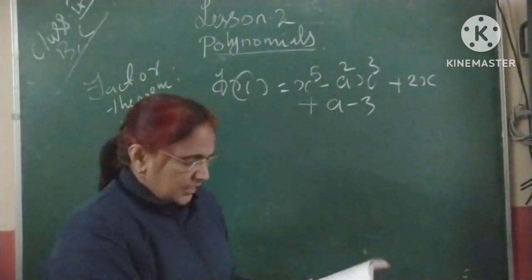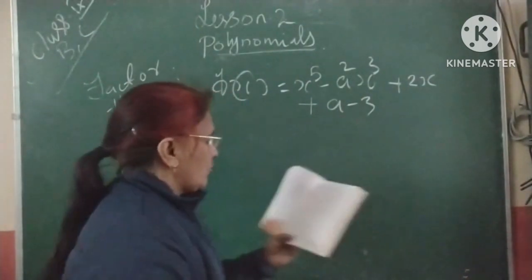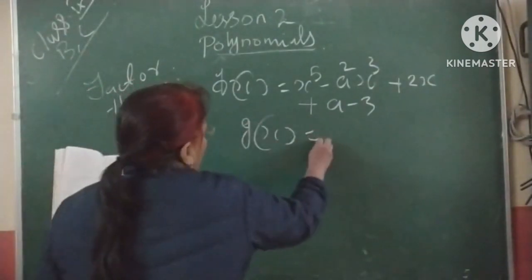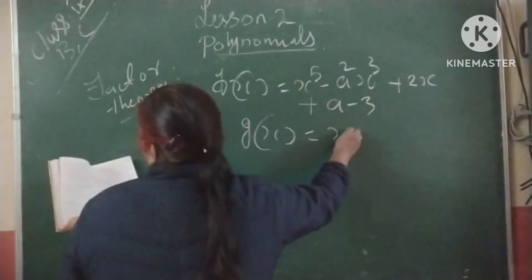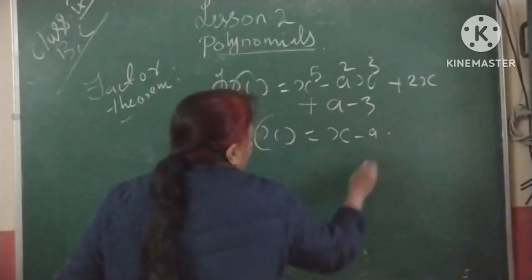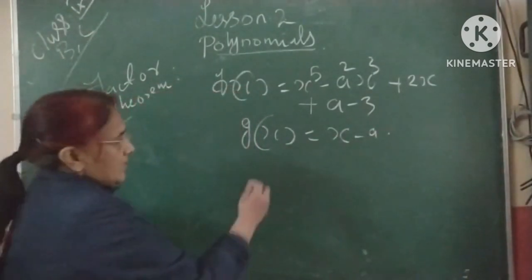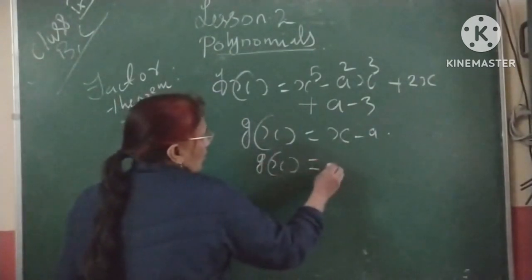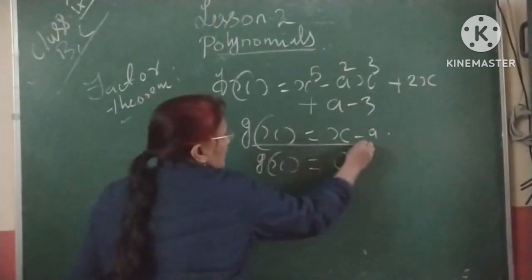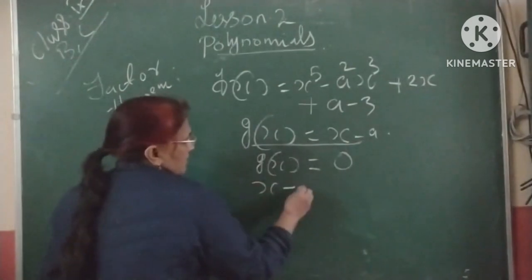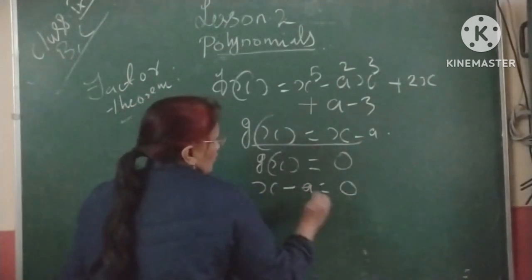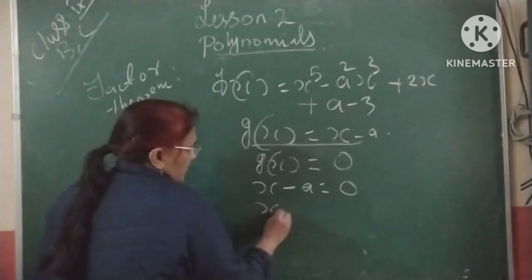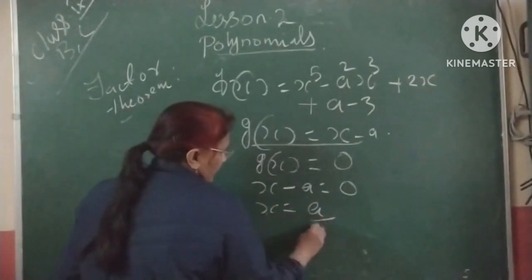Then g of x given, x minus a. That is our next step. g of x equal to 0 means x minus a equal to 0. Then x equal to a.